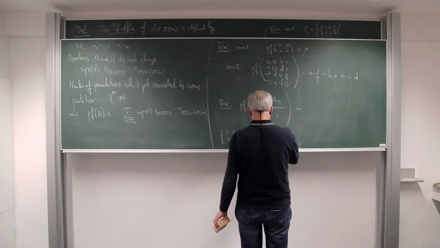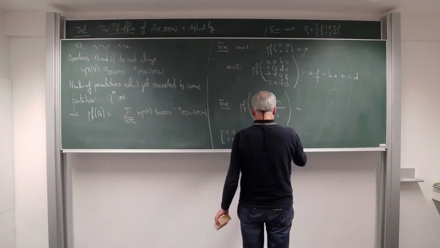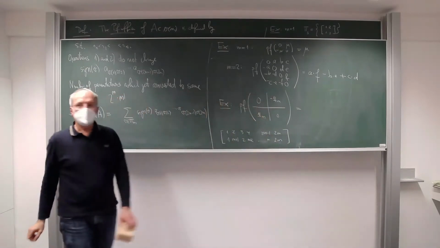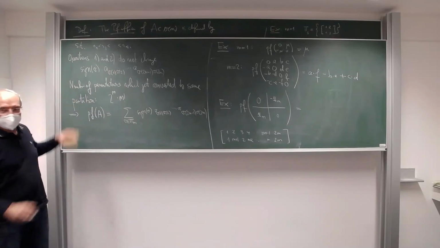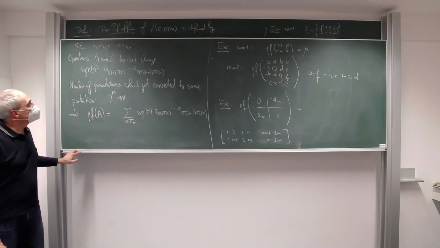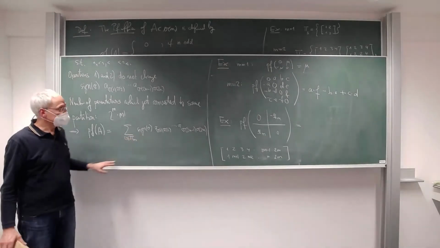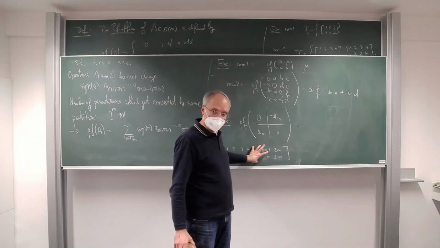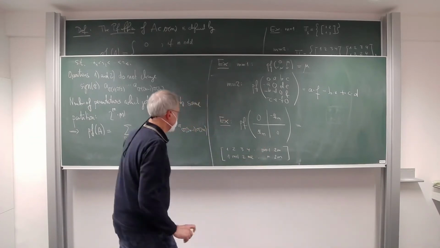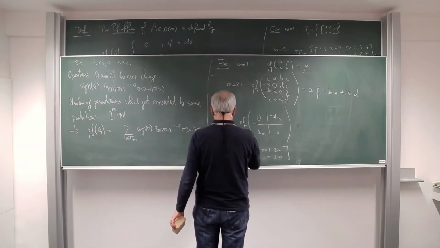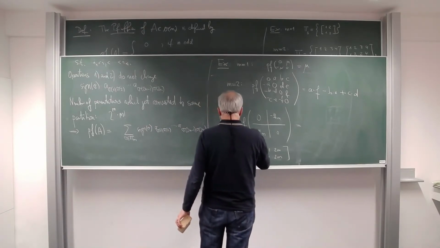So this goes all the way up to 2m minus 1 and 2m. I mean, there are more permutations, because all the permutations that you get through operations 1 and 2 will give us the same sum. But if you insist on the partition, that's the only possibility. Only this partition contributes.